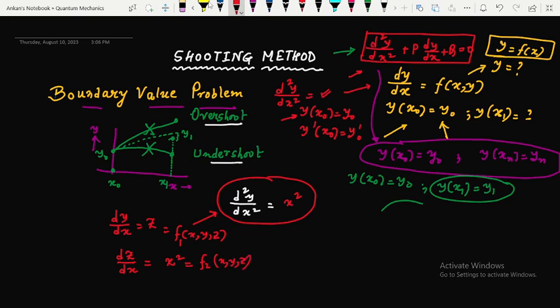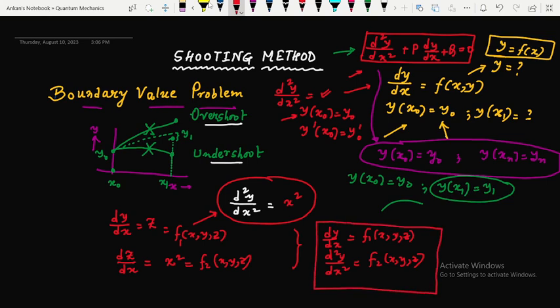As I am going to discuss the general procedure, in general you can say that dy/dx is some f1(x,y,z) and dz/dx is some f2(x,y,z). This is the general condition, and it is a special problem. All of the problems can be reduced to these two sets of differential equations. Any second order differential equation can be converted to these two first order differential equations.